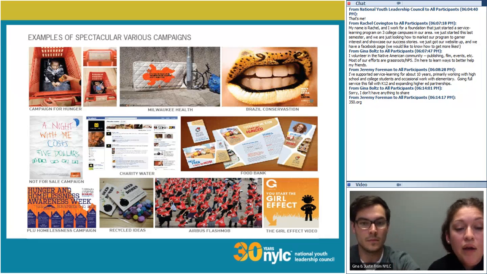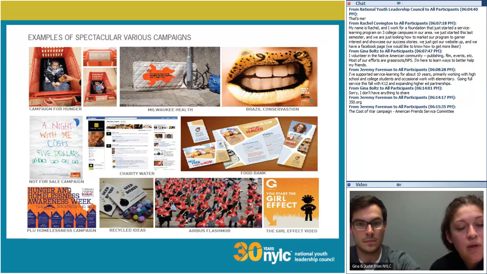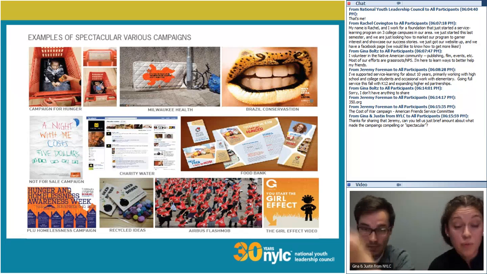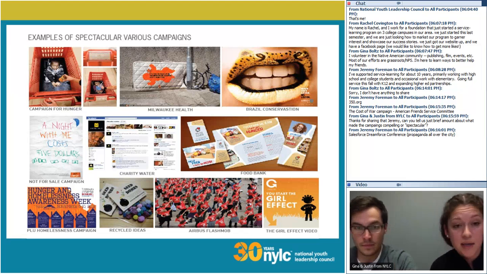Next, we have Milwaukee Health, which is a guerrilla type of campaign, and the Campaign for Hunger is along those same lines. In case you don't know what a guerrilla marketing campaign is, it's taking an untraditional way of advertising or publicizing your organization. You can look up guerrilla marketing tactics and get a ton of really cool, outside of the box ideas.